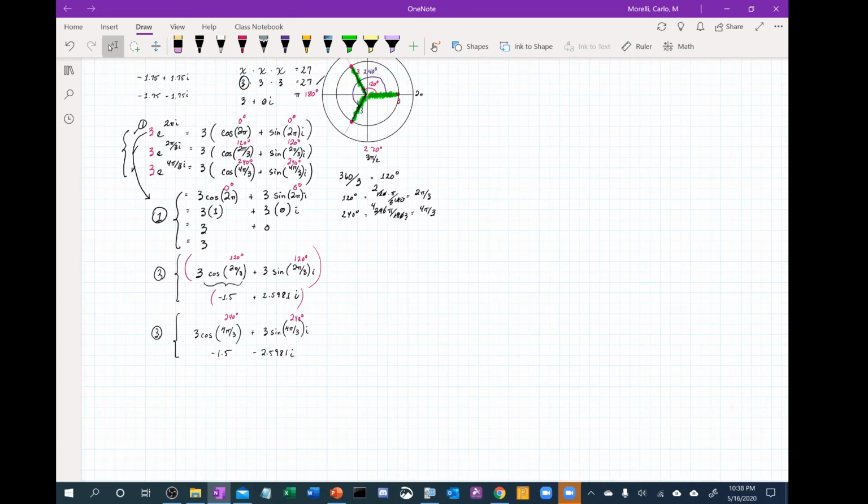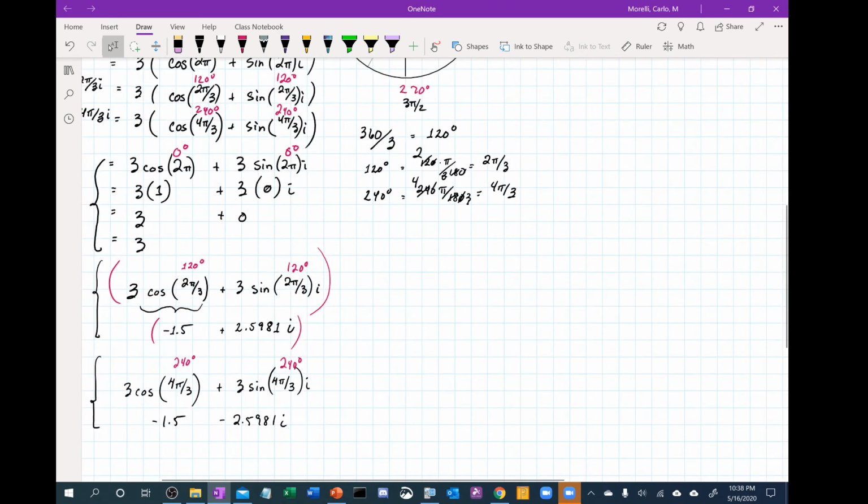I've got 3 roots. Okay, so we'll say that the cubed root of 27 has 3 roots. And we're going to write those roots. We'll do root 1, root 2, and root 3.